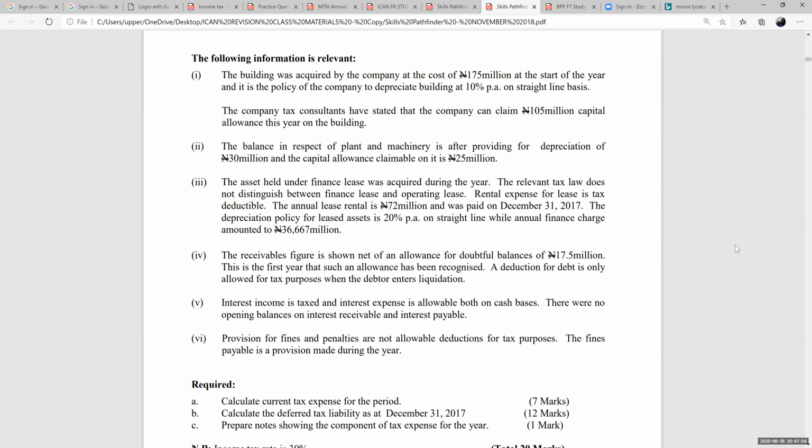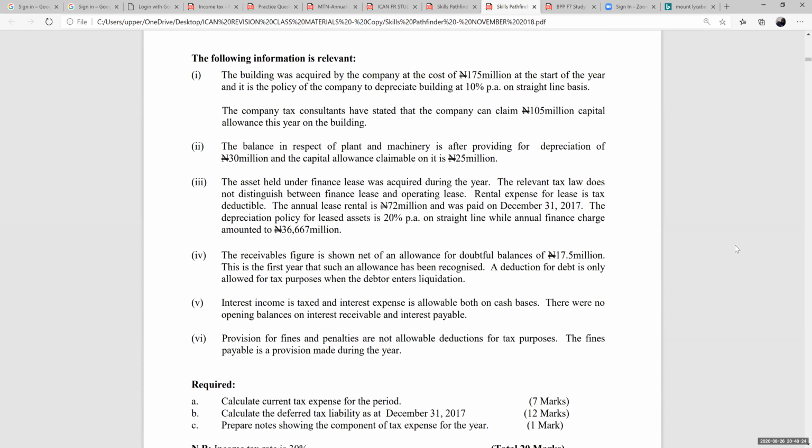The company tax consultants have stated that the company can claim more than 5 million naira capital allowance this year on the building. 2, the balance in respect of plants and machinery is after providing for depreciation of 30 million naira, and the capital allowance claimable on it is 25 million naira. 3, the assets held under finance lease was acquired during the year.